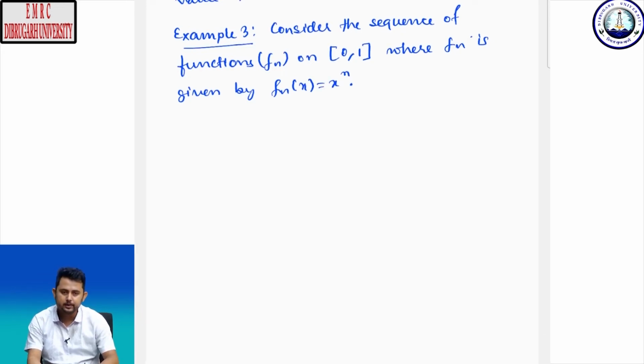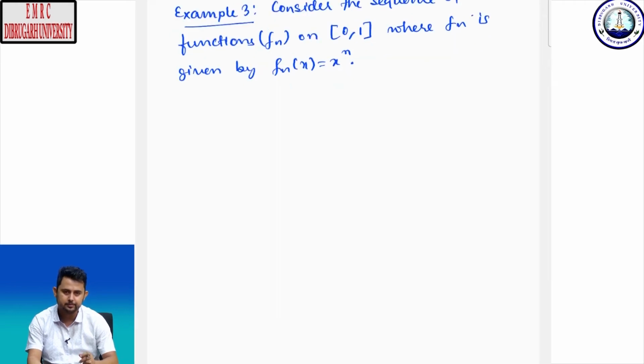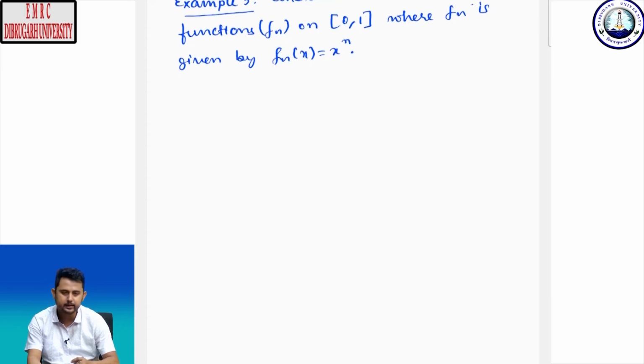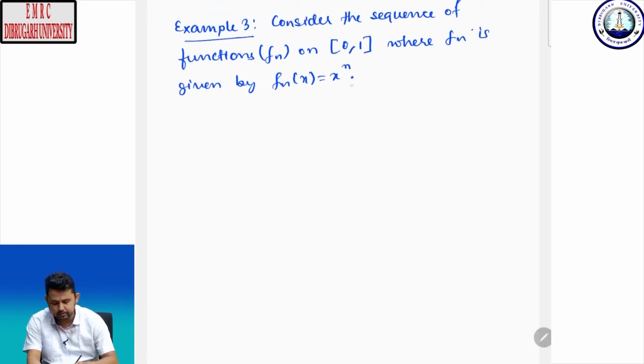Now, as we have seen in the graphical illustration, the sequence of functions converging to a pointwise limit depends upon the position of P, that is the value of x. So, we have to be careful about what x we choose before finding the pointwise limit.